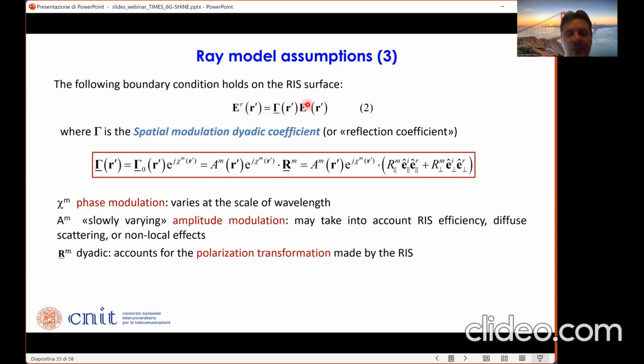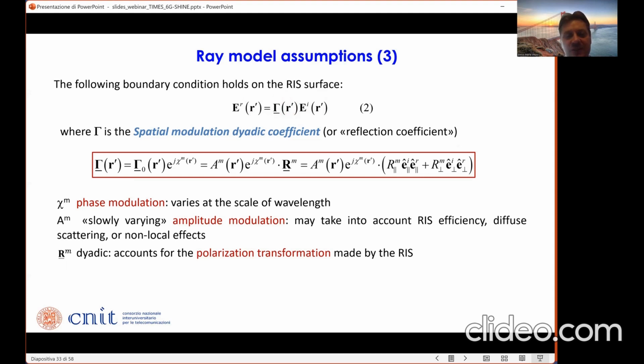And then we have the incident electric field, which is the field of the locally plane wave incident on the tile. And we express the radiated field on the tile by multiplying this incident field by this gamma coefficient, which is called the spatial modulation coefficient.